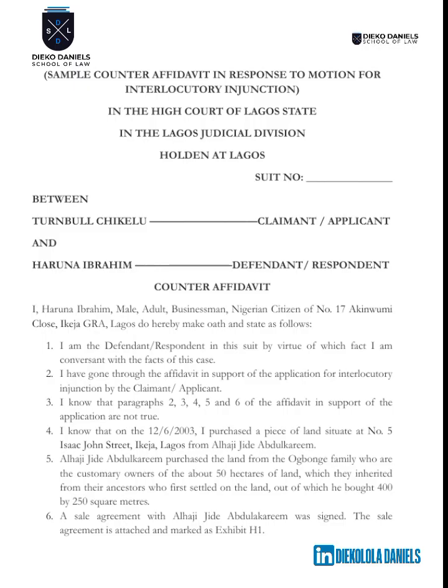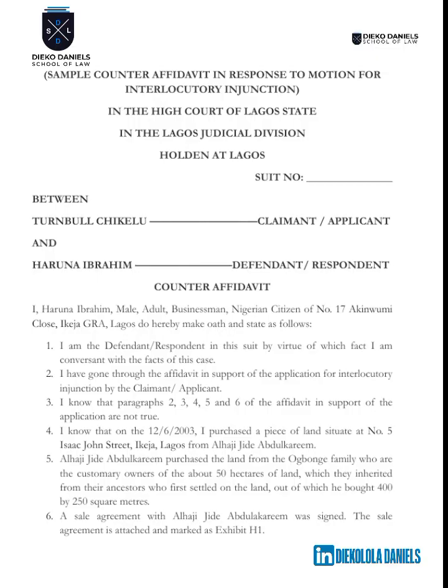Whatever application it is that you are receiving, you will say, "My lord, I have gone through the affidavit in support of the application for whatsoever by the claimant." It has to be stated in your counter affidavit: I have gone through that application, I have looked at the paragraphs of the affidavit.